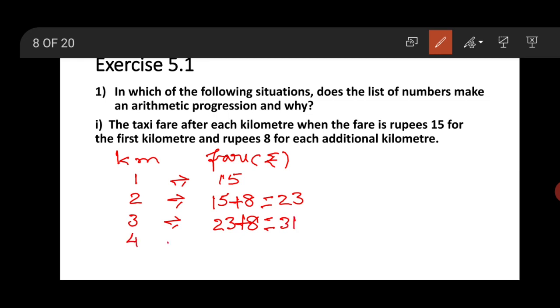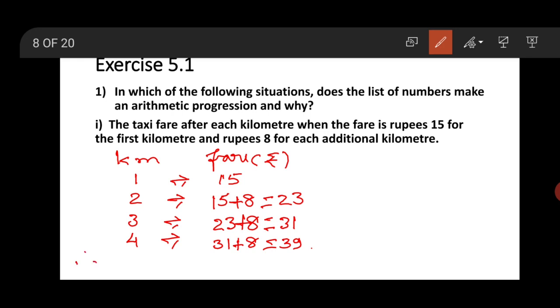Again, for the fourth kilometer, what is the total fare? Up to 3 kilometers, rupees 31 is the fare, plus 8 rupees, total 39 rupees. So these numbers 15, 23, 31, 39, are they in AP?